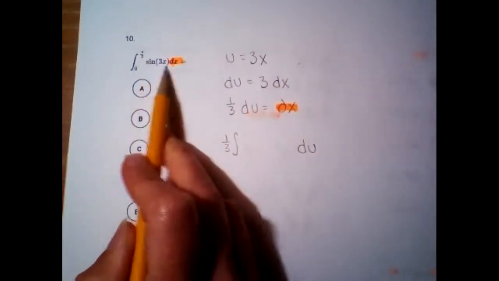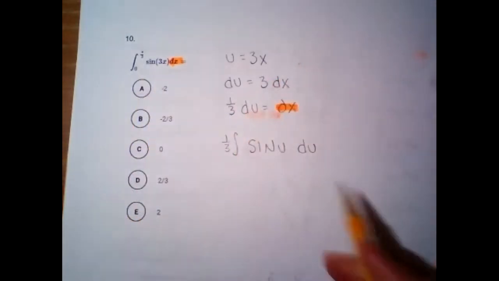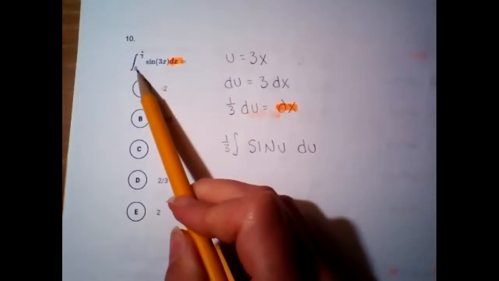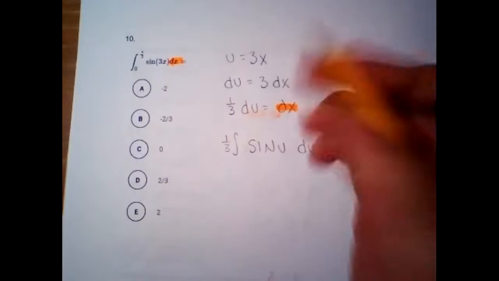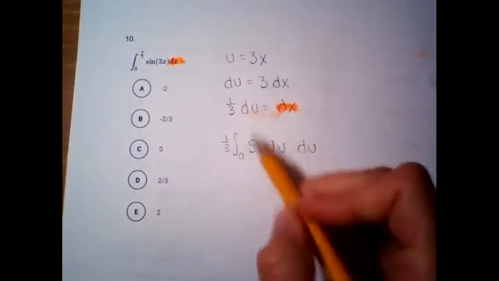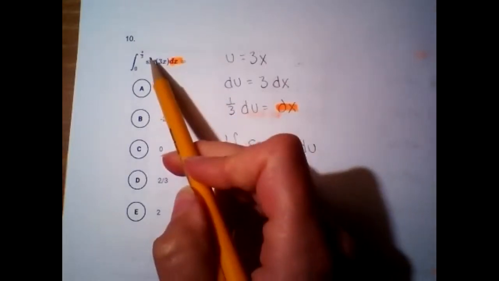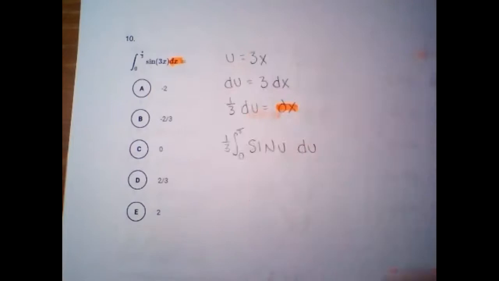And what's still there is sine of u. And then I need to adjust the boundaries. So if I plug in 0 for x, 0 times 3 is 0. And if I plug in pi over 3 times 3, that's going to be pi. The 3's will just cancel.